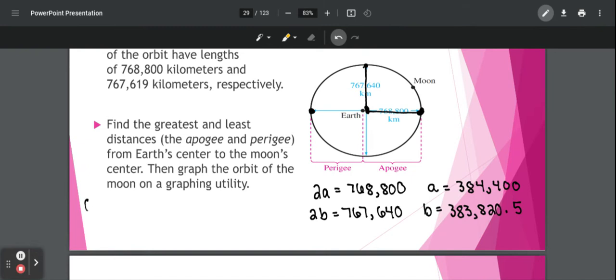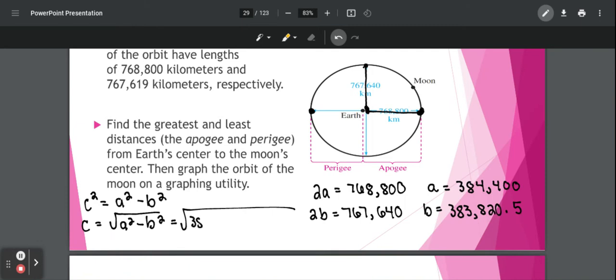And so since the Earth is at a focus, what we need to do is find our c value. So remember that c squared equals a squared minus b squared. And so if we use those values, we could say then that c equals the square root of a squared minus b squared, which would be the square root of 384,400 squared minus 383,820.5 squared.